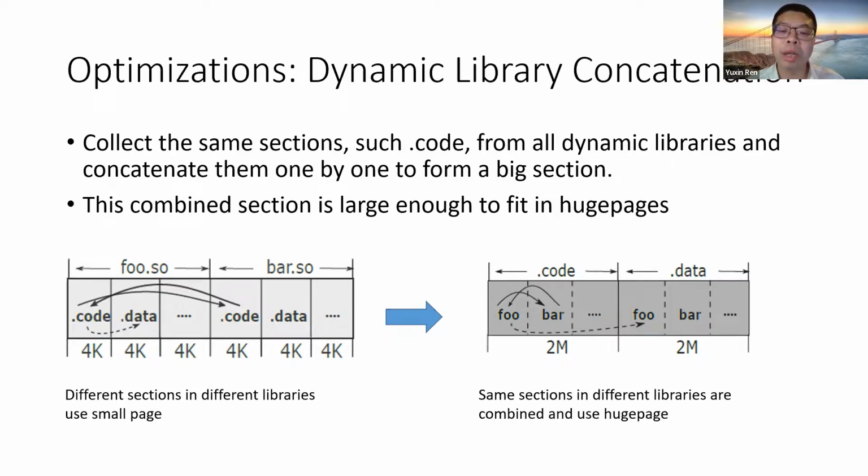Because all the same sections have the same permissions, they can safely be placed in the same page. Additionally, the combined section is large enough to use huge pages without wasting memory. The figure clearly shows the effect of those techniques.